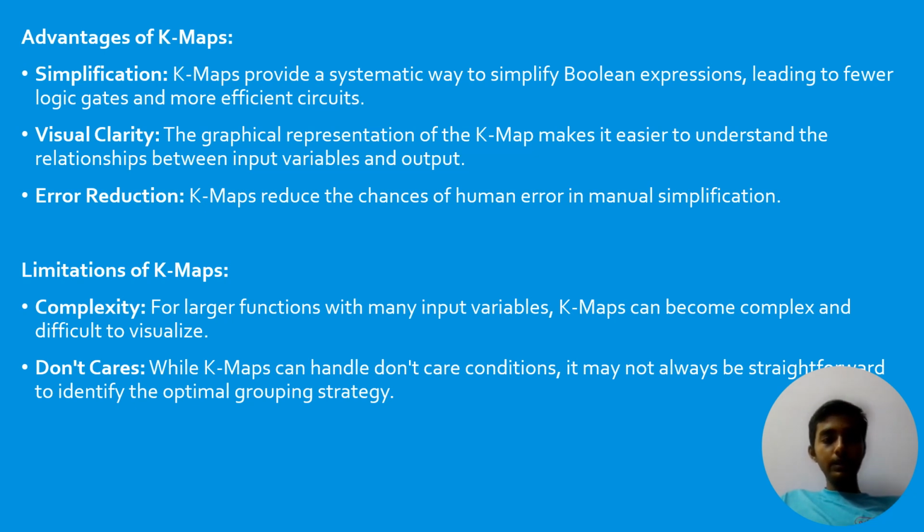Advantages of K-maps. Simplification. K-maps provide a systematic way of simplifying Boolean expressions, leading to fewer logic gates and more efficient circuits. Visual clarity. The K-map representation makes it easier to understand the relationship between input variables and output variables.